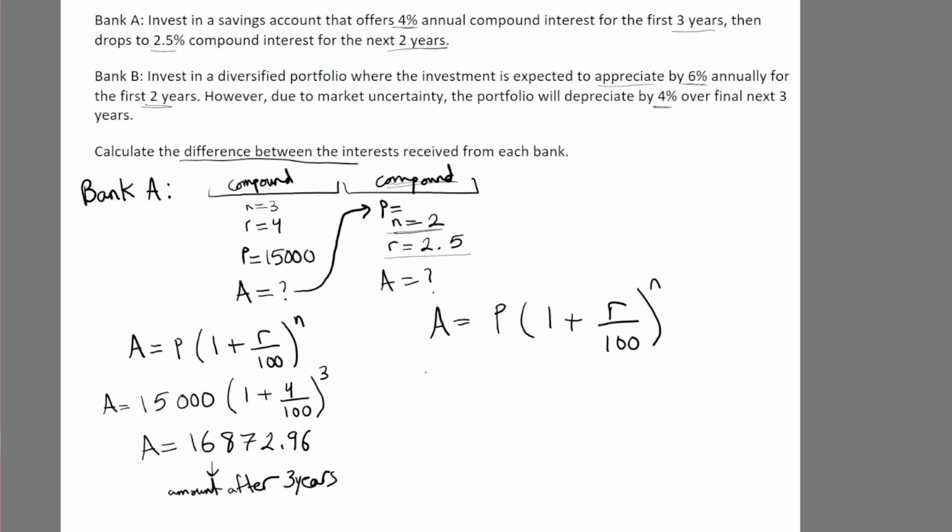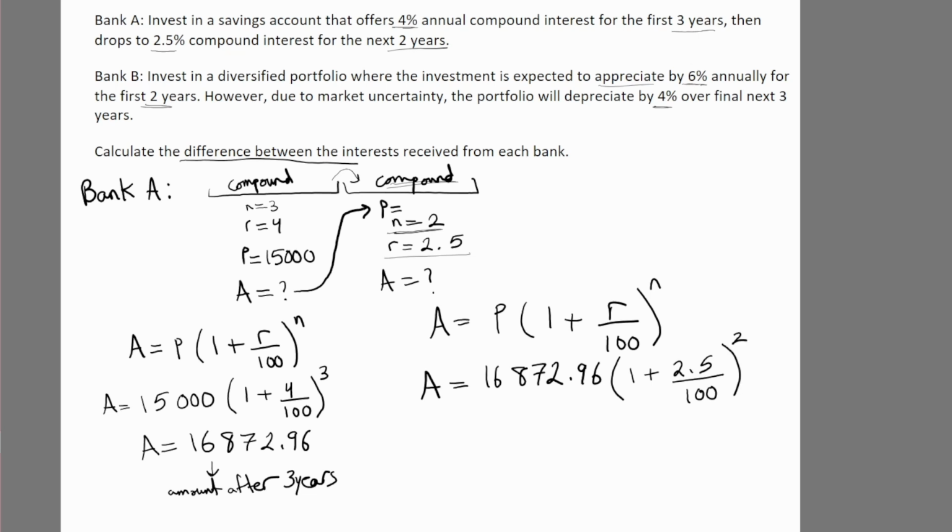And the amount is going to be equal to, so the principal right now is 16,872.96. It's the final amount from the 3 years. It will go in as the principal in the next 2 years. 1 plus the rate is 2.5 over 100 to the power of 2 because we're dealing with 2 years now.